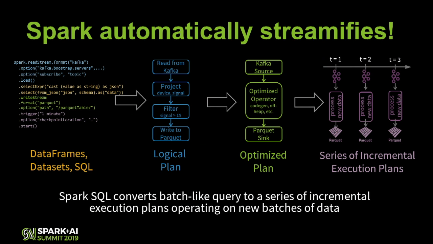And so the Spark SQL structured streaming engine automatically takes this batch-like query and starts generating these incremental plans that know how to compute new data from Kafka, how to keep track of offsets, and how to keep track of intermediate results between batches. Like if you're counting or aggregating, you have to remember the partial count, and how to make all of that fault tolerant. The engine takes care of that. And this whole thing is distributed. Therefore, you can scale it horizontally as much as possible.